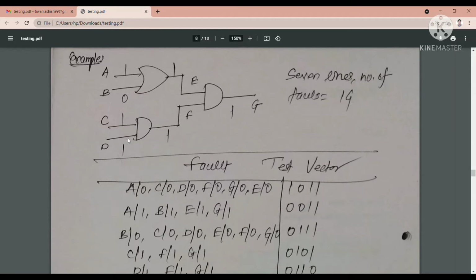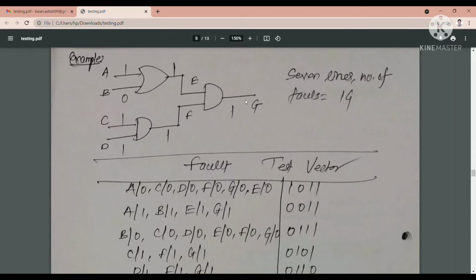Lines means interconnections. 4 inputs are here, these are the 2 intermediate connections, 4 plus 2 is 6, and 1 output makes 7. This is how we count the lines. Since 7 lines are there, 14 stuck at 0 or stuck at 1 faults can occur. Each line can have a stuck at 0 or stuck at 1 fault.